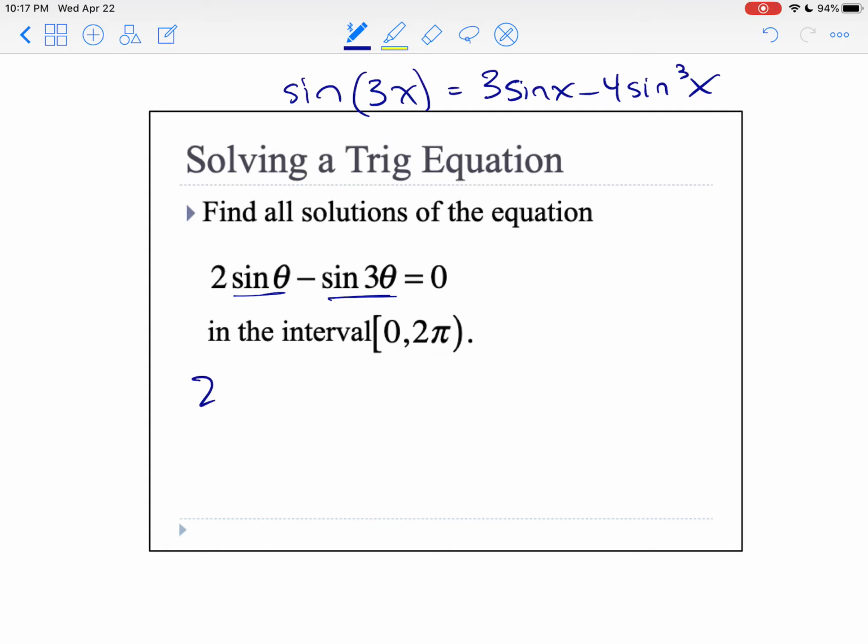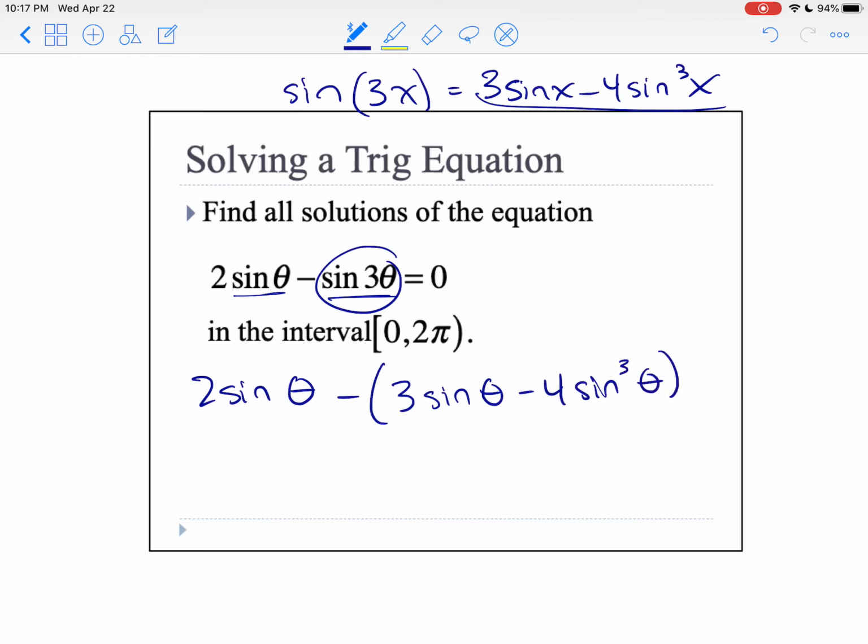And so that means I can rewrite 2 sine theta minus sine cubed can be written as 3 sine theta minus 4 sine cubed theta. Notice how I put this in parentheses because we're subtracting.